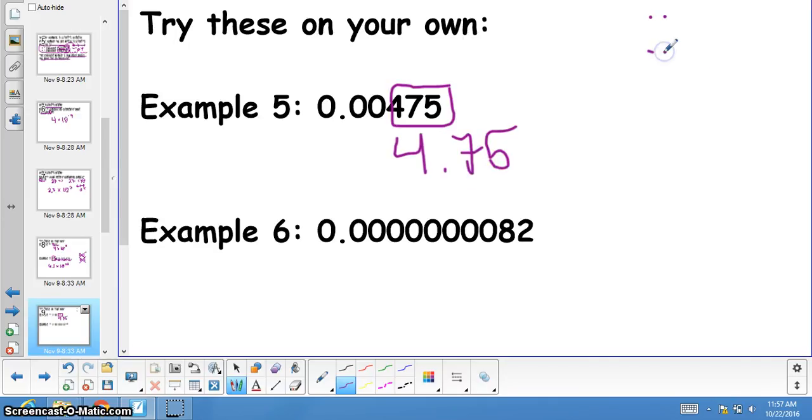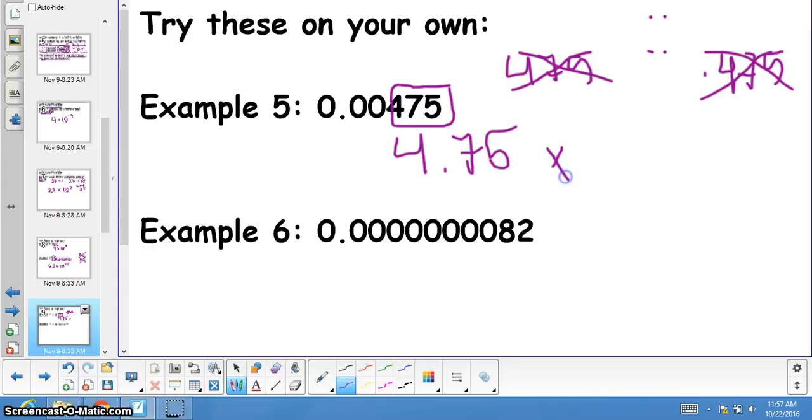Can't have 0.475, that's not greater than 1. Can't have 475 because that's definitely not less than 10. 4.75 works for both of those rules, times 10 to the, putting my decimal in between my numbers 4 and 7, and I move to my next decimal to the left, 1, 2, 3, to the negative 3 power.